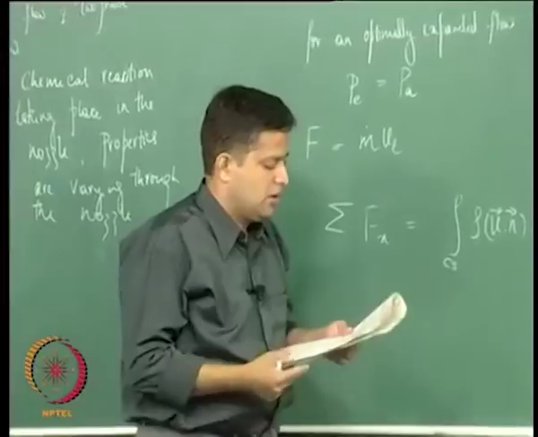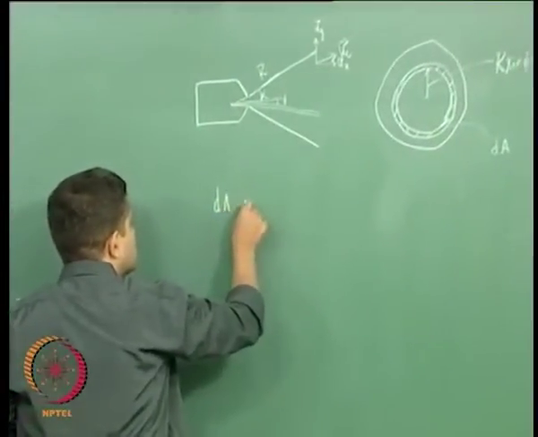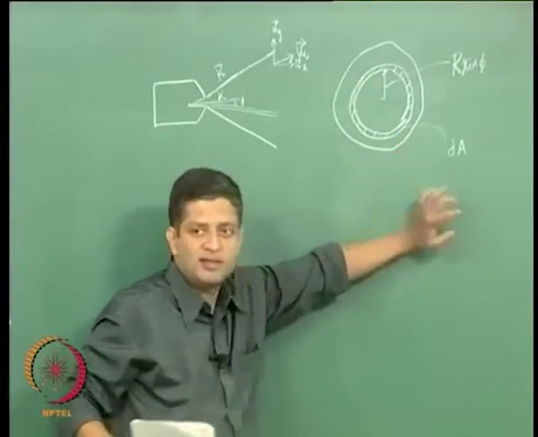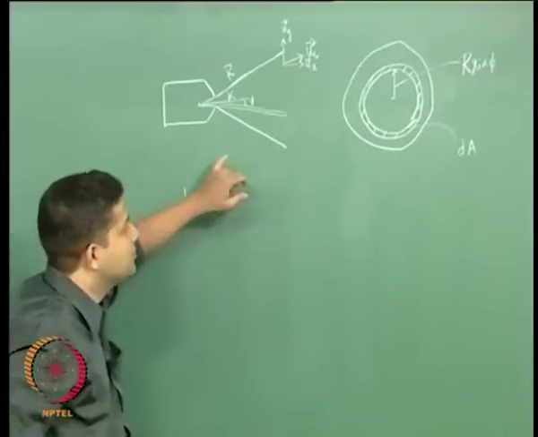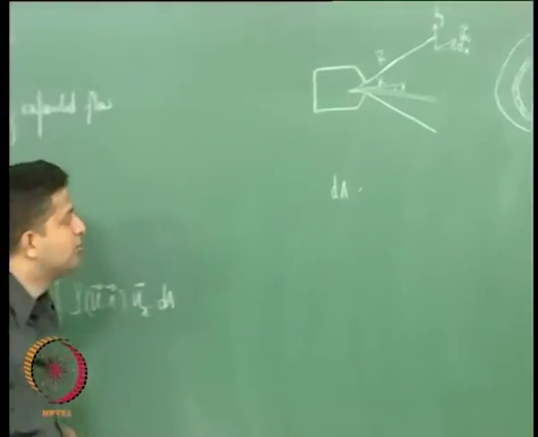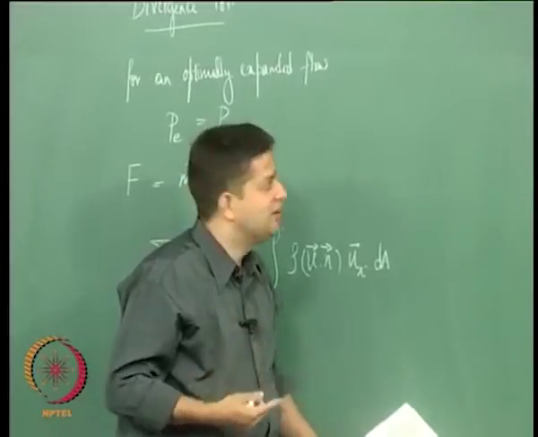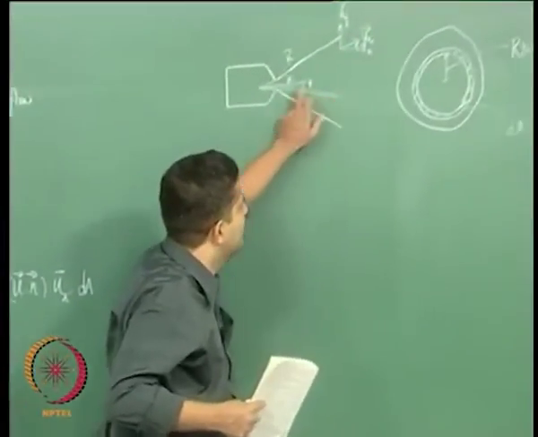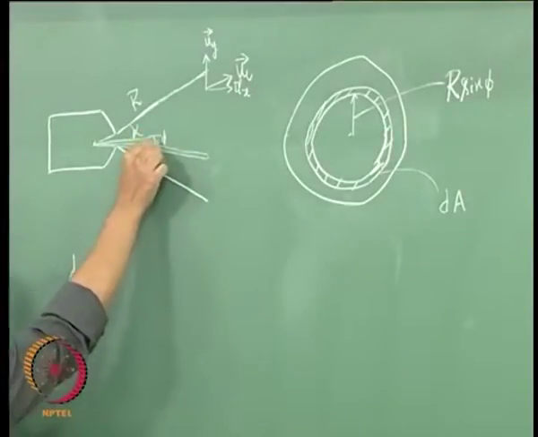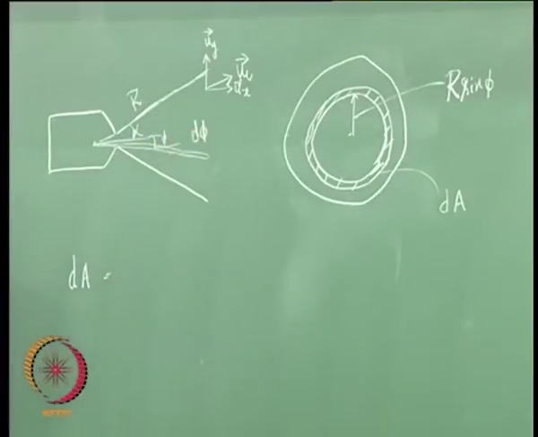So, now dA would be 2 pi r sin phi, right, into what? 2 pi r sin phi is the circumference, into r d phi, r into this small angle d phi.